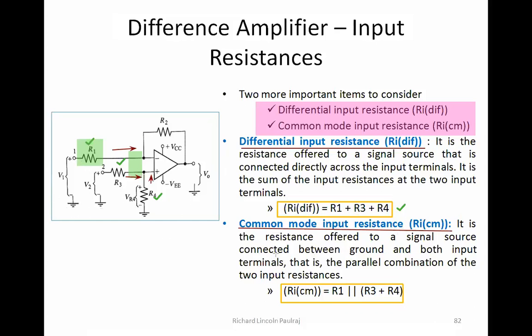It is the resistance offered to a signal source connected between ground and both input terminals. So we have to see something in between ground and also between the input terminals.